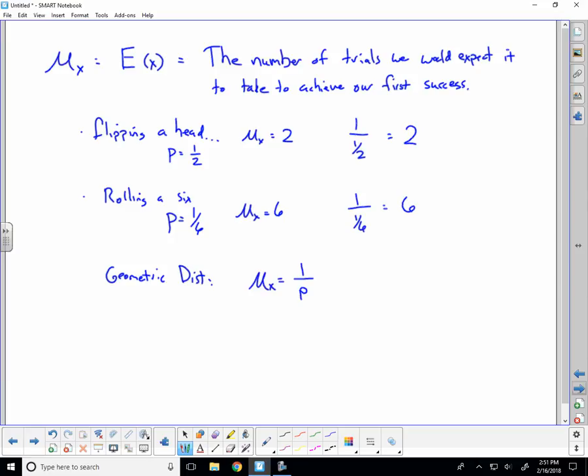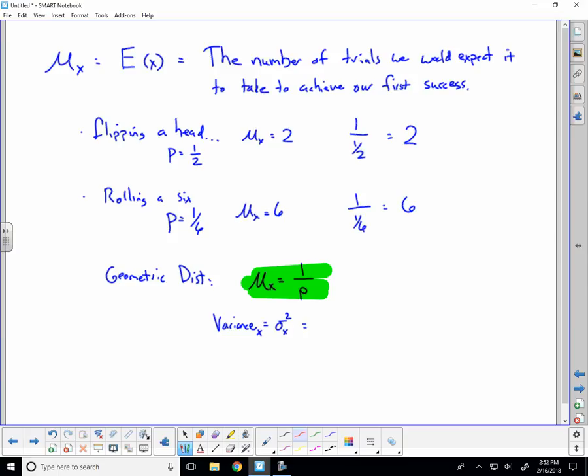Besides the mean, we also want to know the variance. How do we find the variance of x? This is one of the things we probably won't go into algebraically.